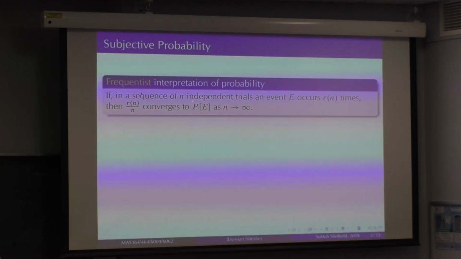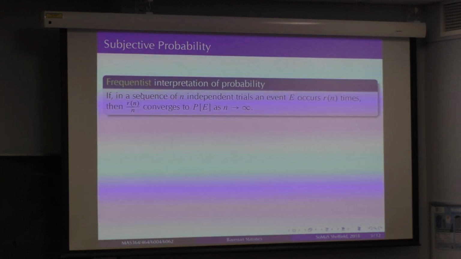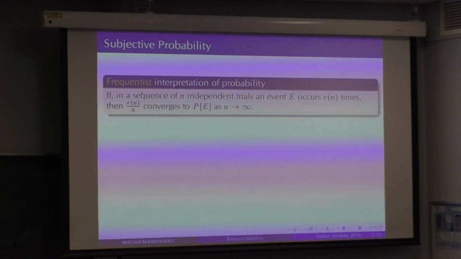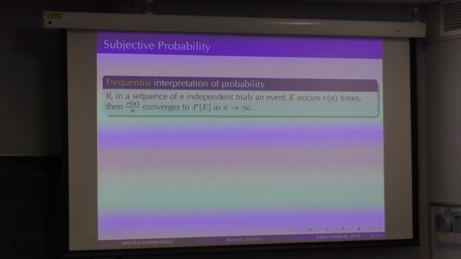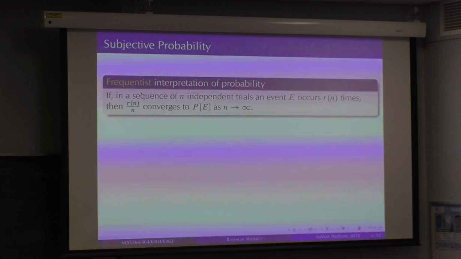Then the probability of that event happening is defined as the ratio of the number of times that event happens with respect to the number of times that you repeat the experiment, right? So what this definition entails is that the trials are independent and you can repeat them any number of times in identical conditions.